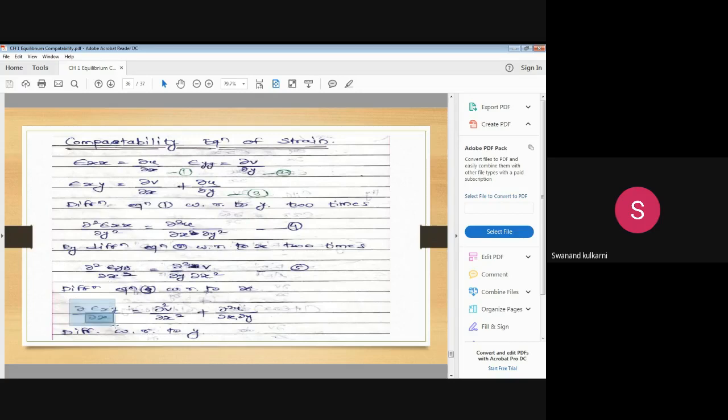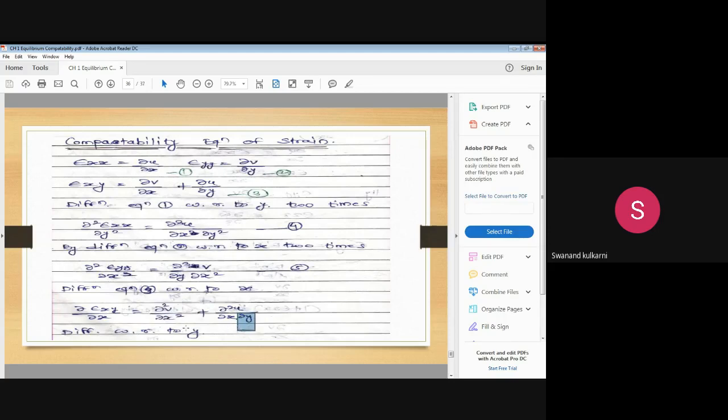And for the right side, what will become? This will become ∂³v/∂x²∂y, and this term will become ∂³u/∂x∂y², because this ∂y is already present here.